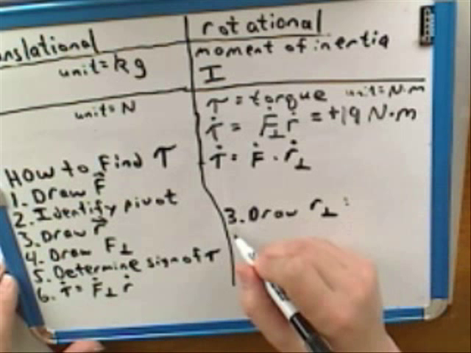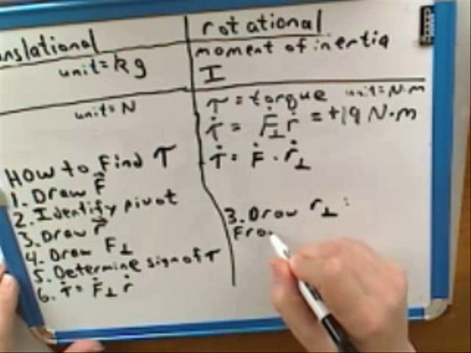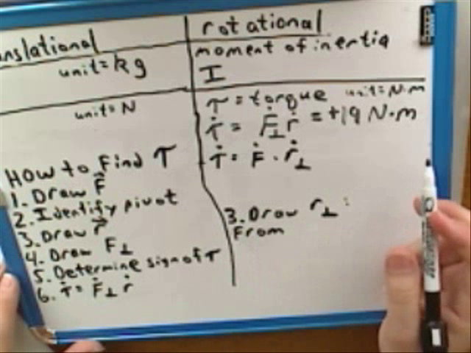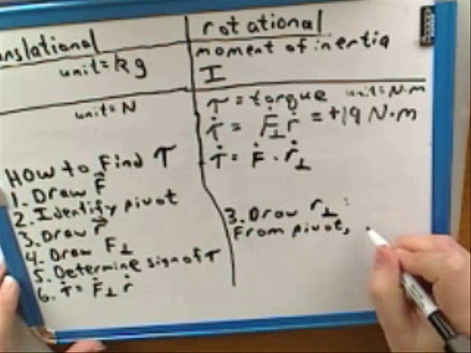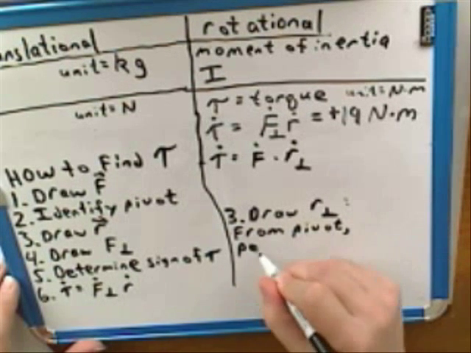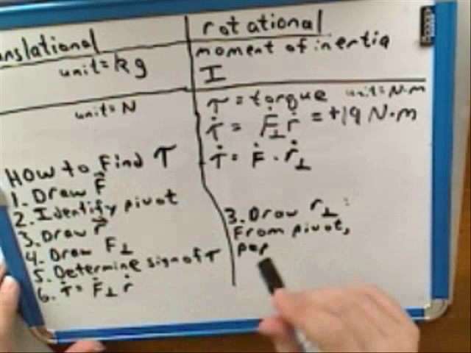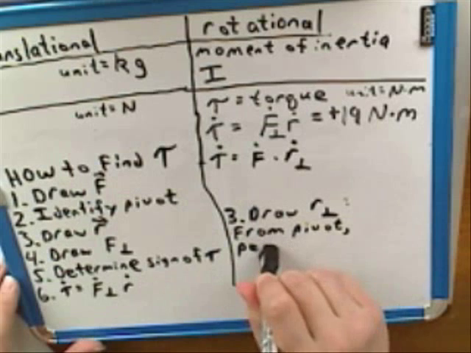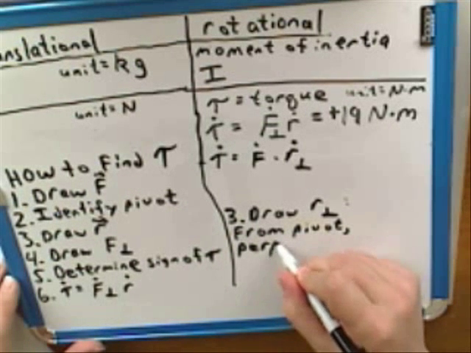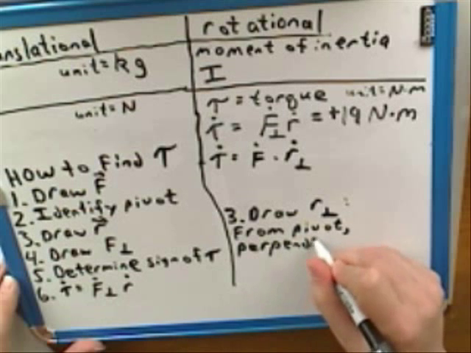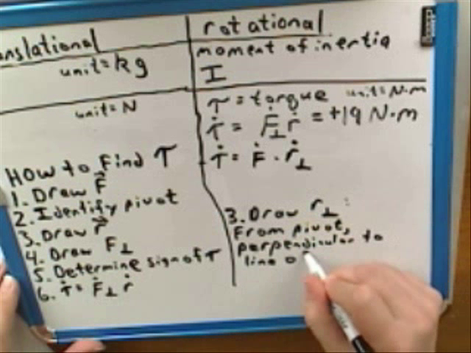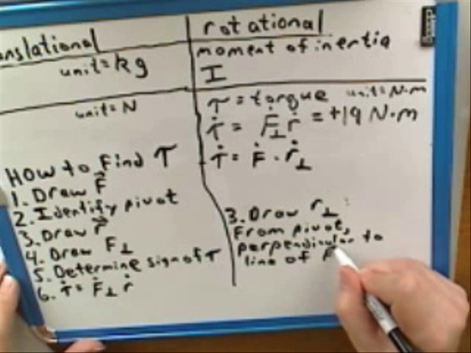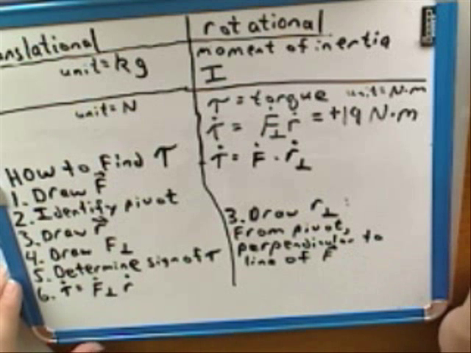So R perpendicular goes from the pivot, and it is perpendicular to the line of the force.